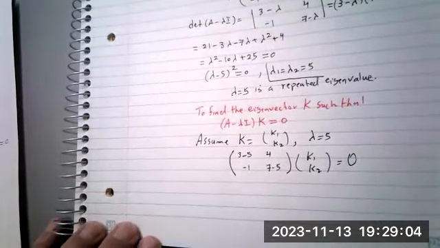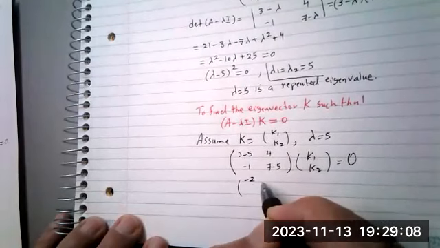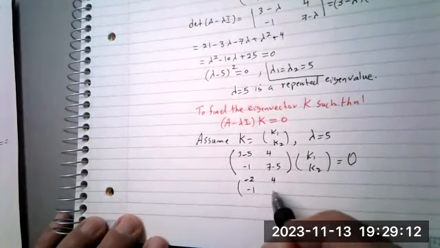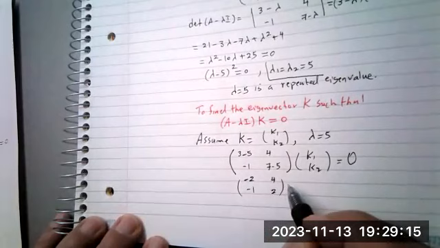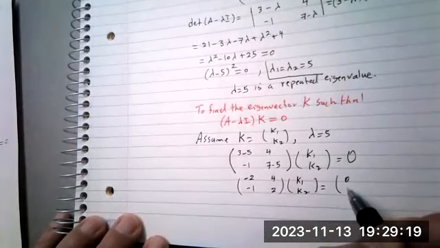So multiply them together, simplify first. If you simplify that, it gives you -2, 4, -1, 2, times the vector K1, K2, and this is equal to 0, 0.